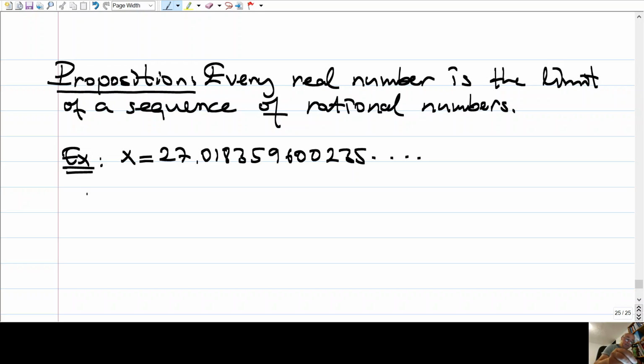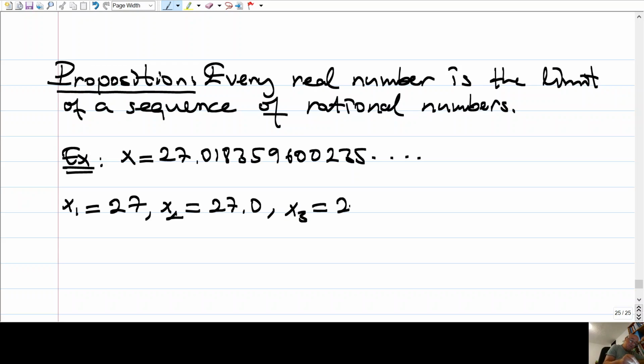Well, it's very easy. Let's choose x1 to be 27, x2 to be 27.0, well, it is again 27. x3 is 27.01. x4 is 27.018, and you see how it will go.